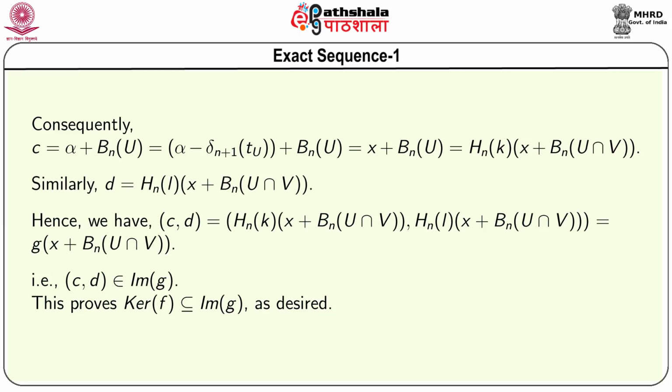Similarly, the element d is of the form H n l of x plus B n of U intersection V. Hence, the pair (c, d) is equal to G of x plus B n of U intersection V; that is, the pair (c, d) is in the image of G. Therefore, as we claimed earlier, the kernel of f is a subset of the image of G, proving the sequence is an exact sequence.